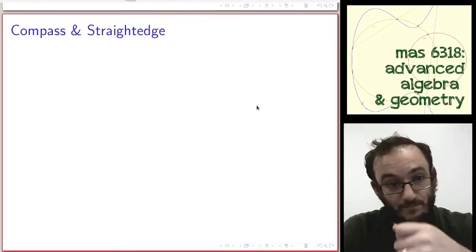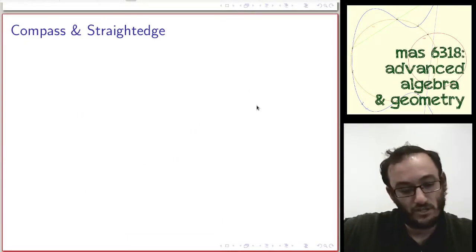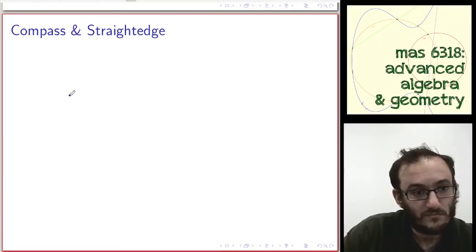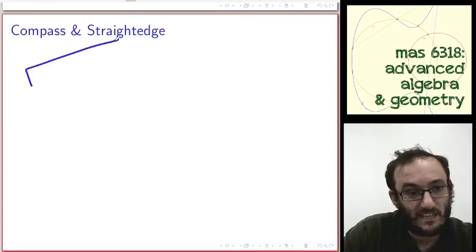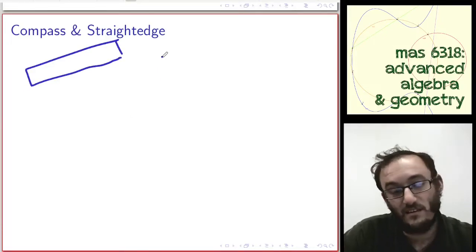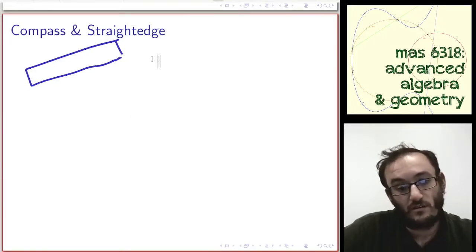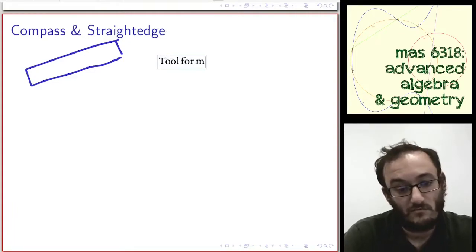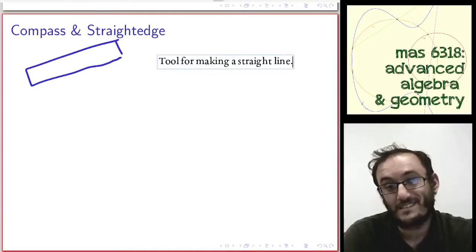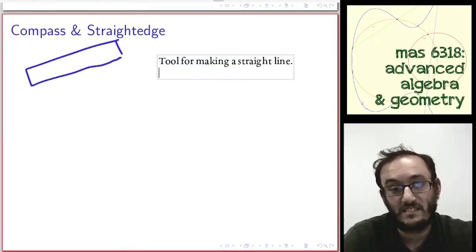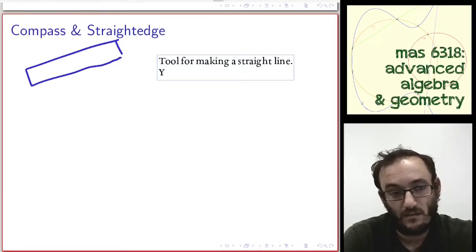Now let's talk about compass and straightedge. A straightedge is about as basic an object as you would expect. It's a tool for making a straight line. It doesn't have any markings, so you can't make lines of any particular length.